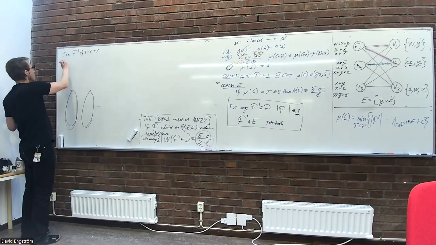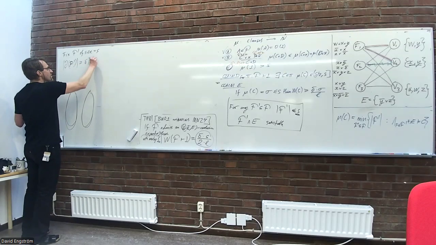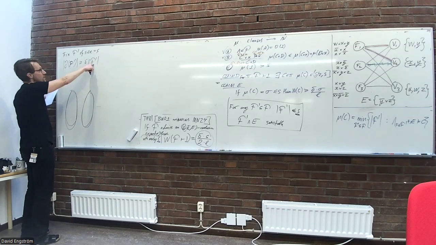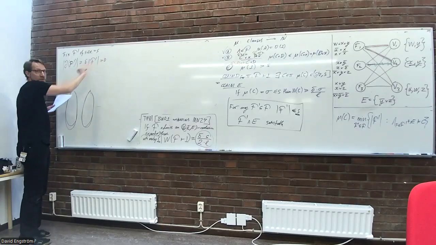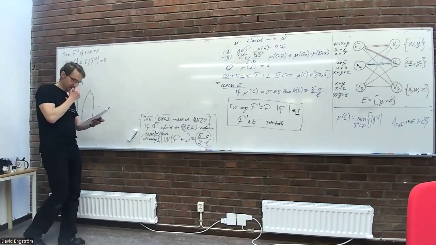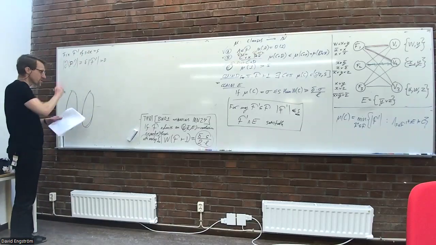I'm below the expansion guarantee, so I know that the unique neighborhood of F prime is at least delta times the size of F prime. I don't know what the number of vertices is, but it's something positive. It's bounded away from zero, but we don't care. It's positive.